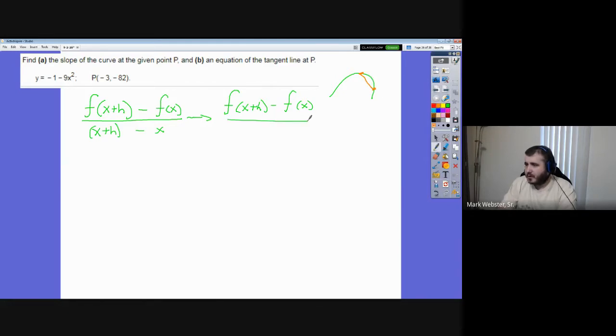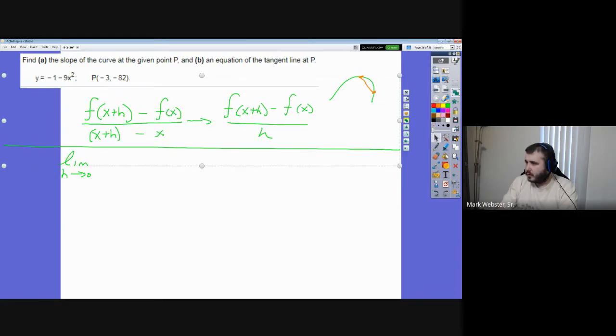What's going to end up happening is, because we only have 1 point, we're going to treat it like we're doing the same point twice almost. So the way we do that is with a limit. So now I'm going to say the limit as h approaches 0. Basically, I'm saying, all right, I'm going to take these 2 points and get them closer and closer together.